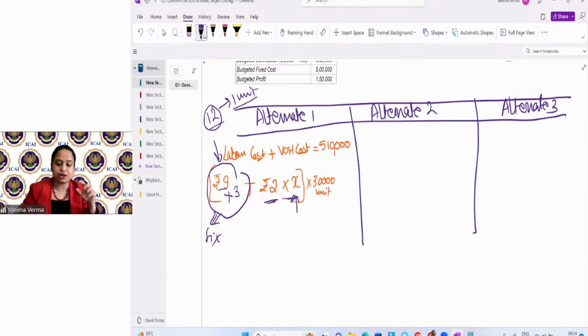We don't know how much time we are taking and how much time we have saved. So we are just assuming we are now taking x time. This will be the total variable overhead cost. This will be the total labor cost, and if you solve them, it will be equal to the total labor and overhead cost.